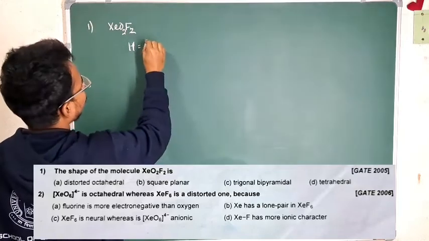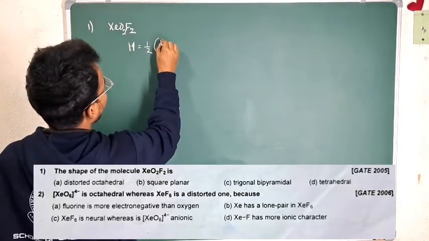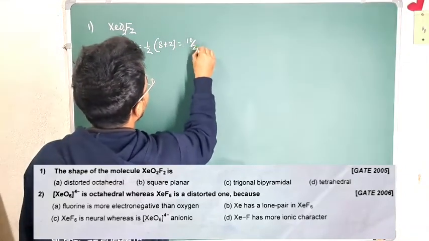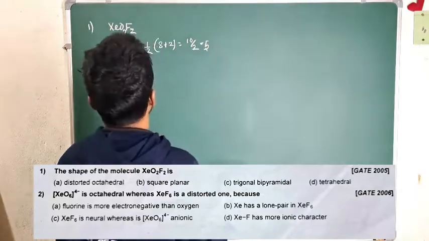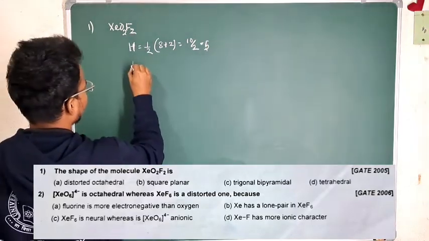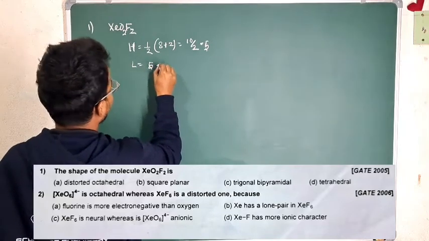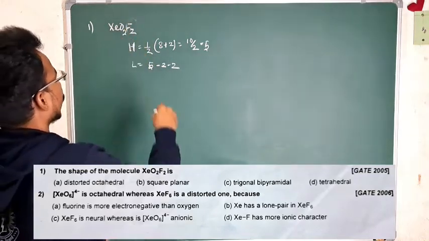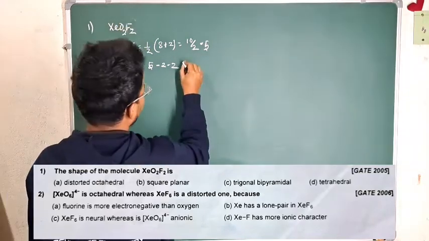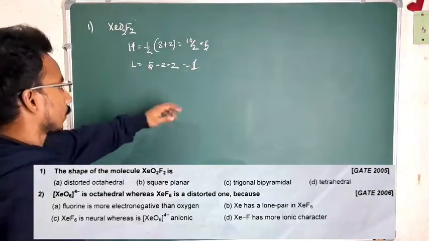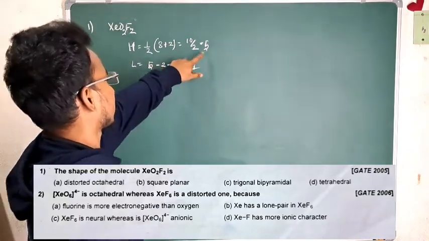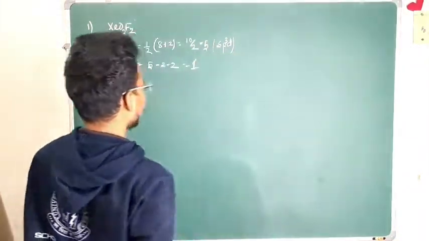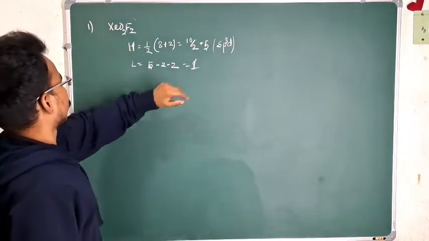So H equals half into 8 plus 2, equal to 10 by 2, equal to 5, and the lone pair L equals 5 minus 2 minus 2, monovalent and divalent, so that is equal to 1. Here the hybridization is sp3d, and the lone pair is 1.